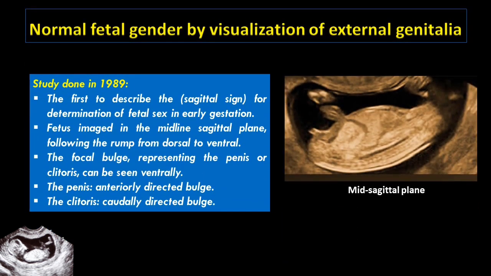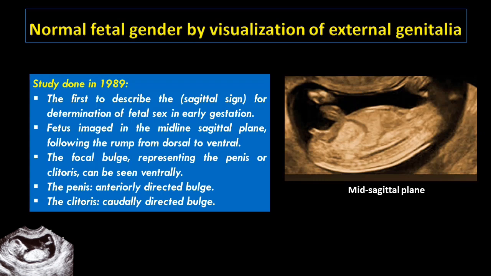Determination of normal fetal gender by visualization of external genitalia. Intrauterine sex determination is performed by ultrasound evaluation of the external genitalia from the 2nd trimester onwards.